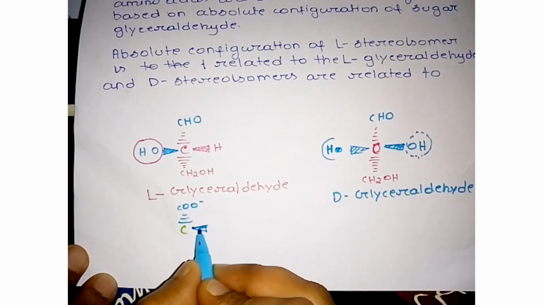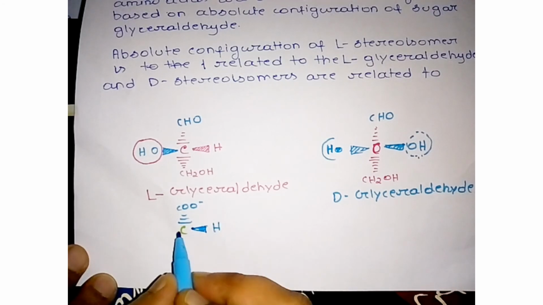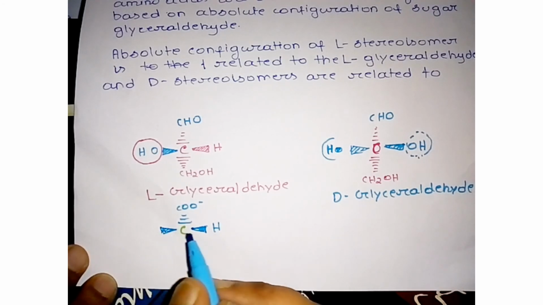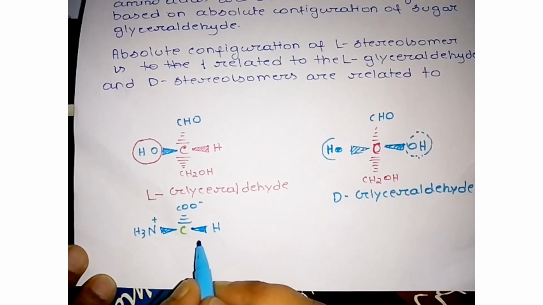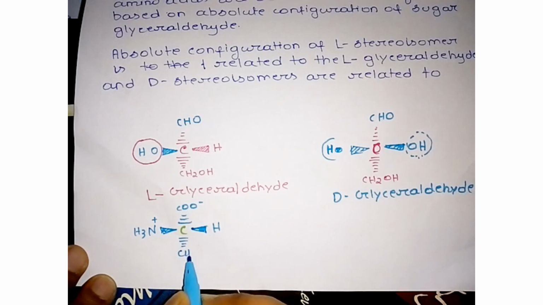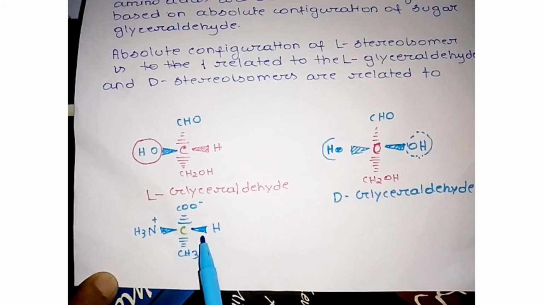Now here H, and very important, the amino group, and below the plane CH3. The dotted lines mean the carboxyl group and CH3 are present below the plane of the paper. On the other hand, the solid lines mean that H and this amino group are present on the upper side of the plane of the paper.